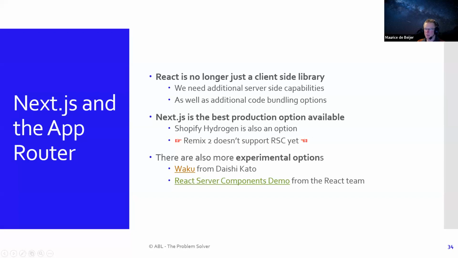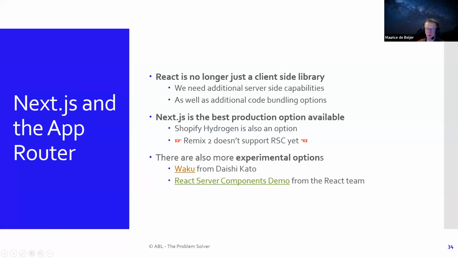Something I would have expected somewhat was Remix, but for Remix 2, which shipped relatively recently, there is no support for React Server Components yet. They have announced they'll include that with Remix 3, so I've got no clue when that will be, but they'll definitely do it. And my understanding is that Shopify Hydrogen, and Remix, by the way, is also from Shopify these days, is supposed to be React Server Components compatible.